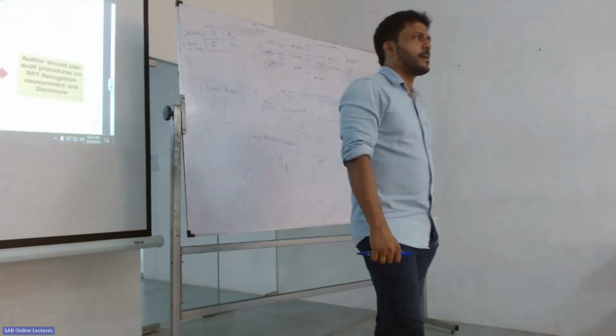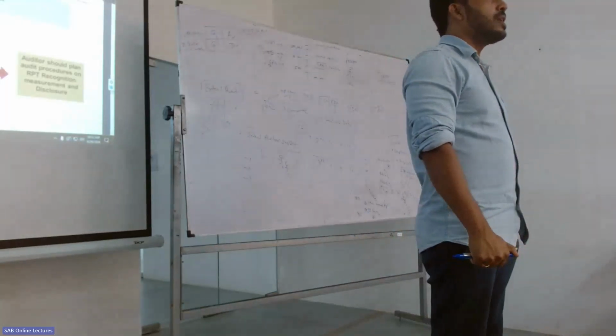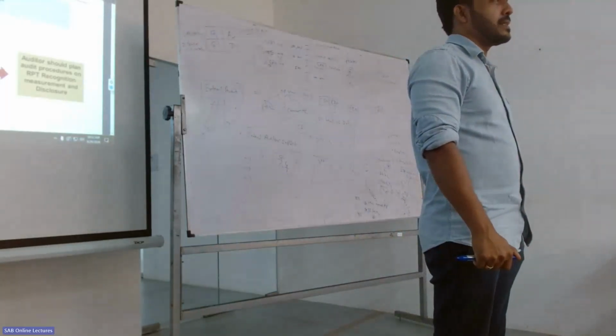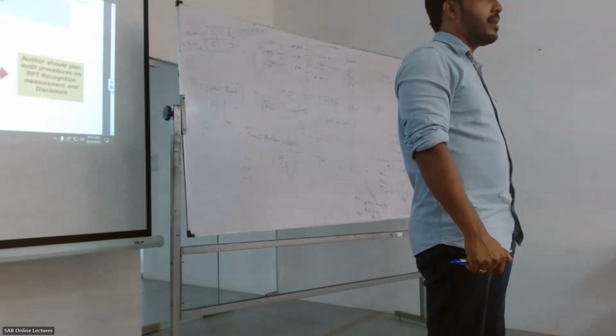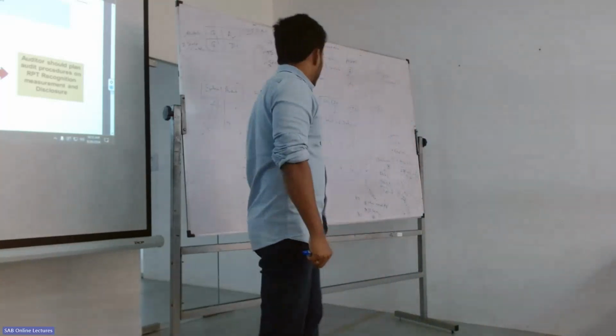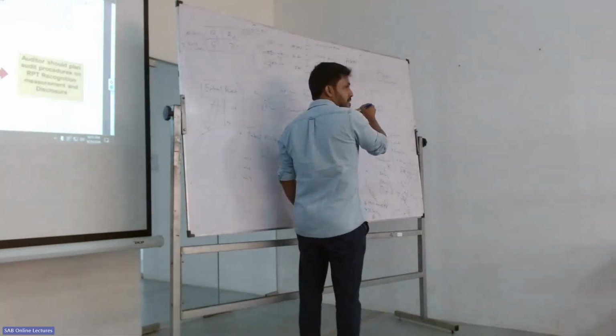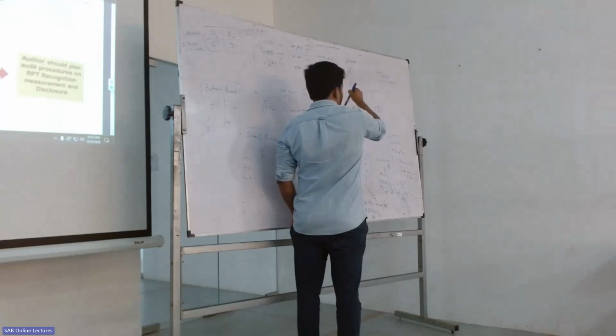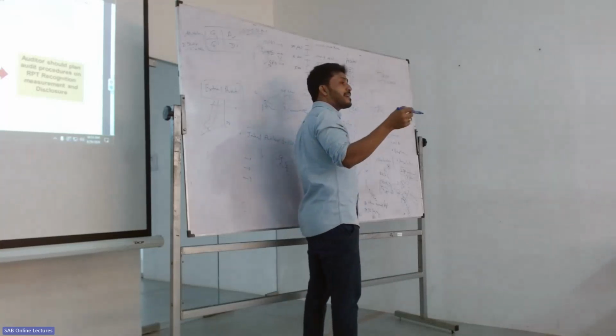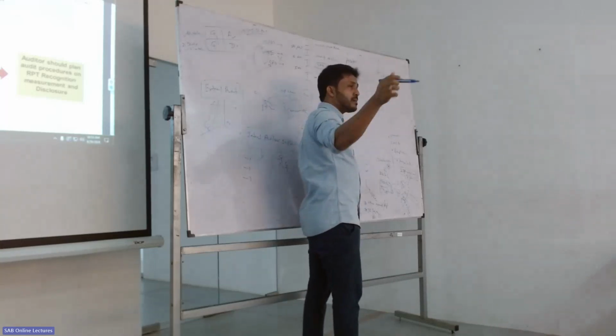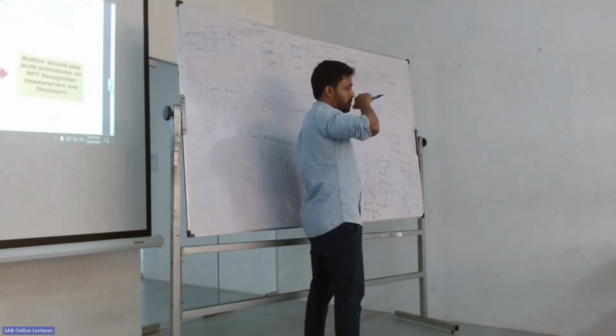What do you mean by that? It's called key management personnel, KMP. The KMP definition says planning, controlling, and directing the activities of the organization.